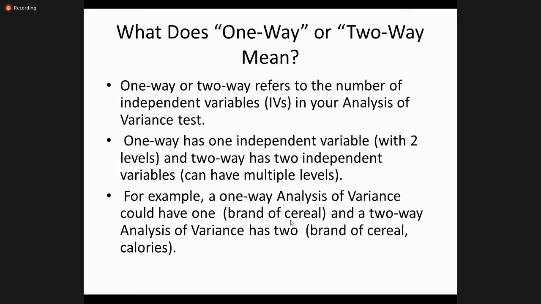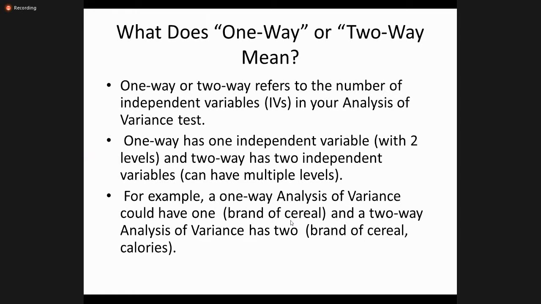We only discuss the one-way ANOVA today, but we should at least see the difference between the two-way ANOVA and the one-way ANOVA. The one-way or two-way refers to the number of independent variables in your analysis of variance test. One-way has one independent variable with two levels, and two-way has two independent variables that can have multiple levels.